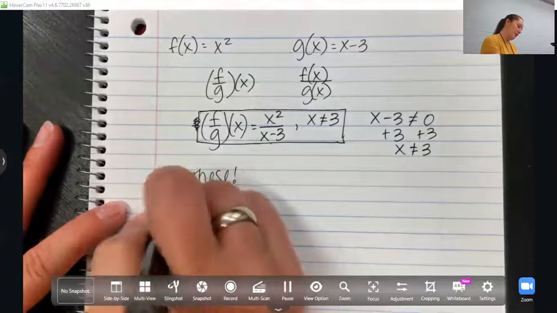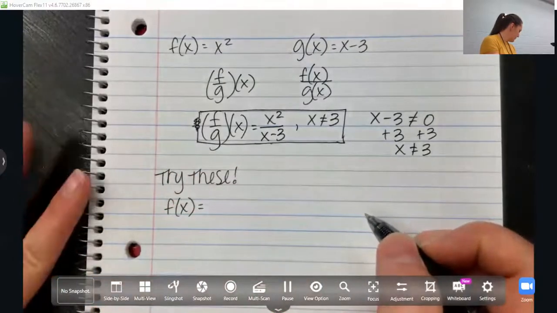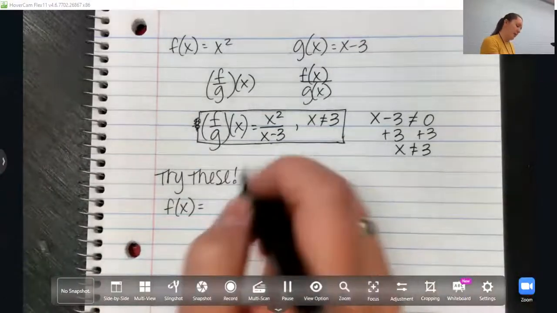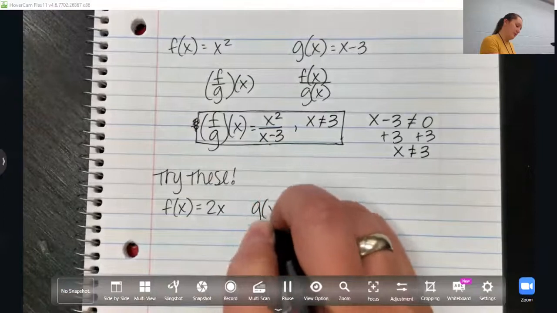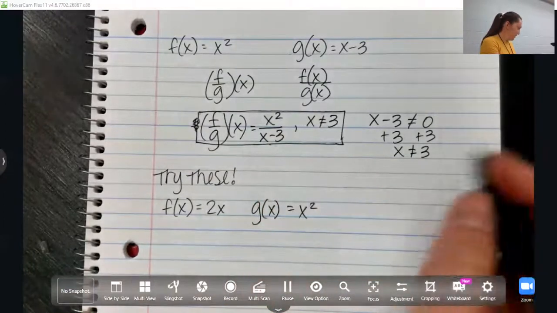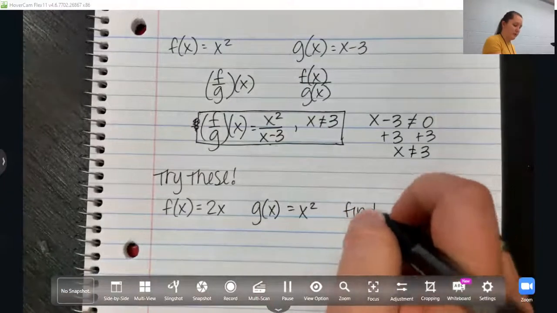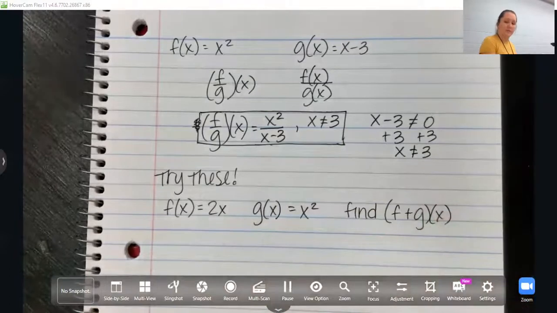If f of x equals 2x and g of x equals x squared, you're going to find f plus g of x, okay?